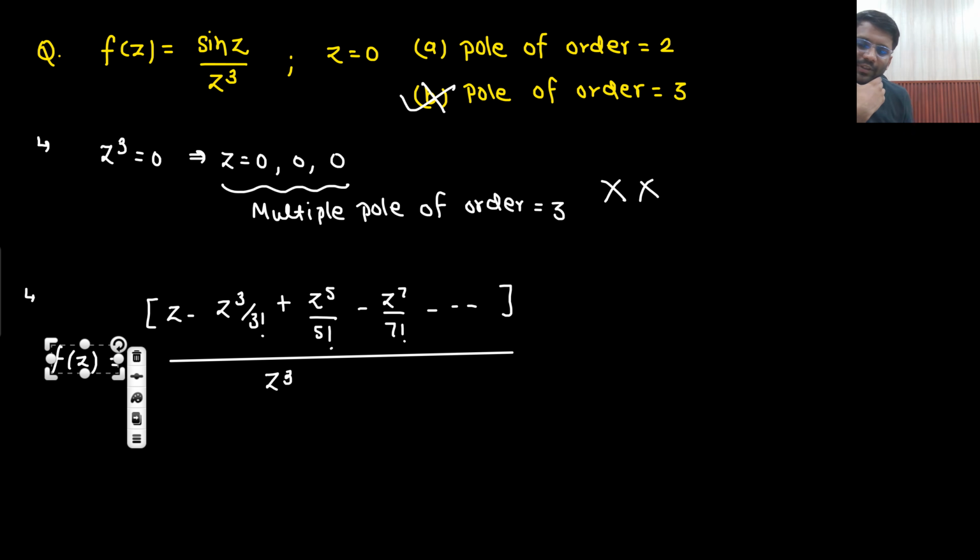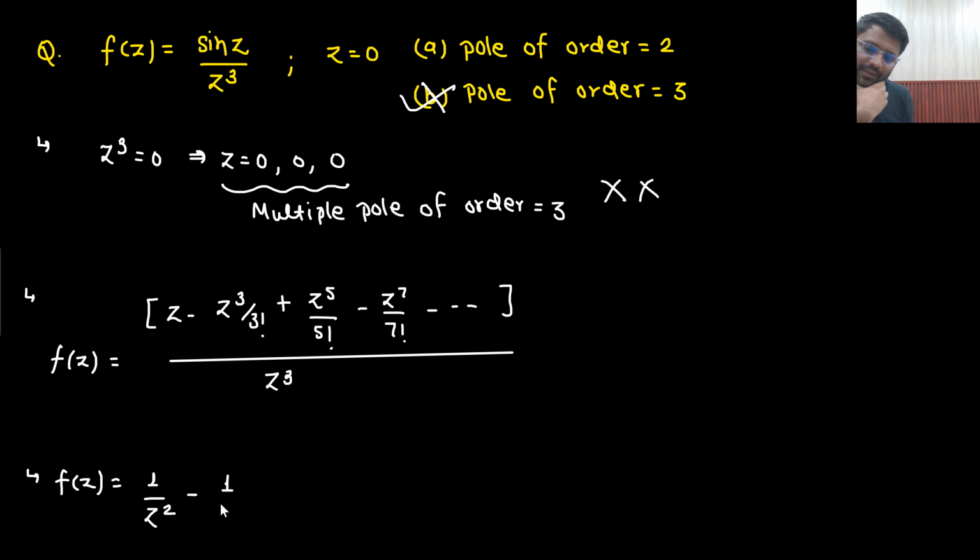So what will be your f of z? f of z will come out to be 1 by z square minus 1 by 3 factorial plus z square by 5 factorial minus z to the power 4 by 7 factorial and so on.